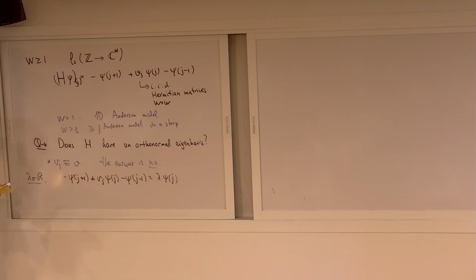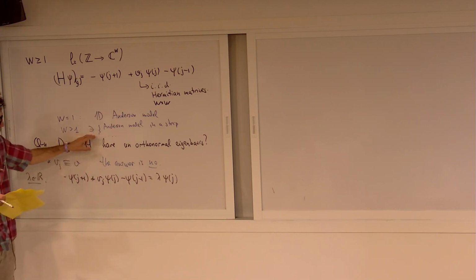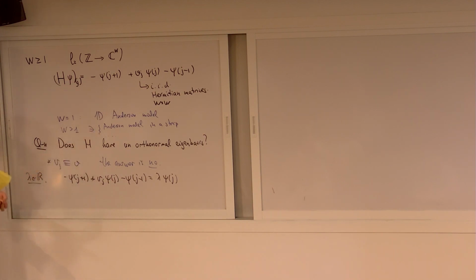In the case when V_j are constant, it's not hard to see that any solution to this equation is either exponentially growing or not decaying. It can never go to zero, both at plus and minus infinity. So we can't have even a single eigenfunction.